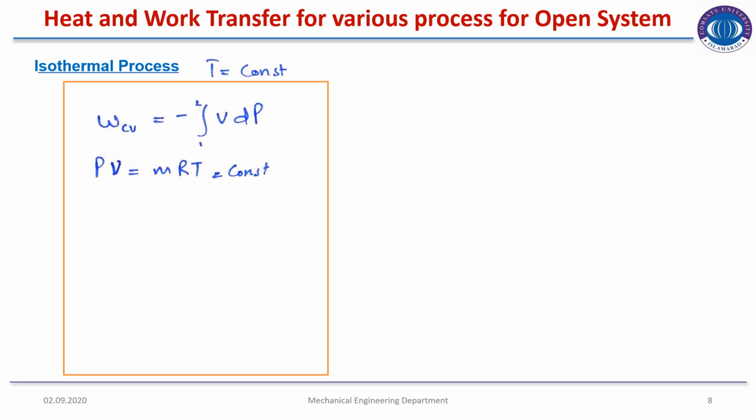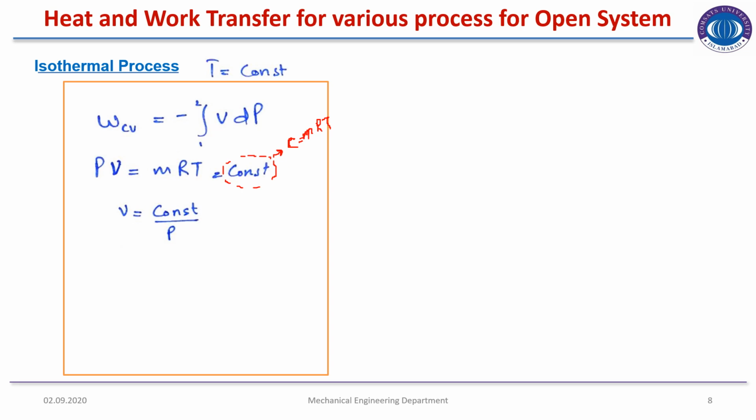From the ideal gas equation, PV is equal to mRT, and for the isothermal process, because the temperature is constant, the complete right hand side will be constant. Here we have replaced the constant term with C. So C is equal to mRT.